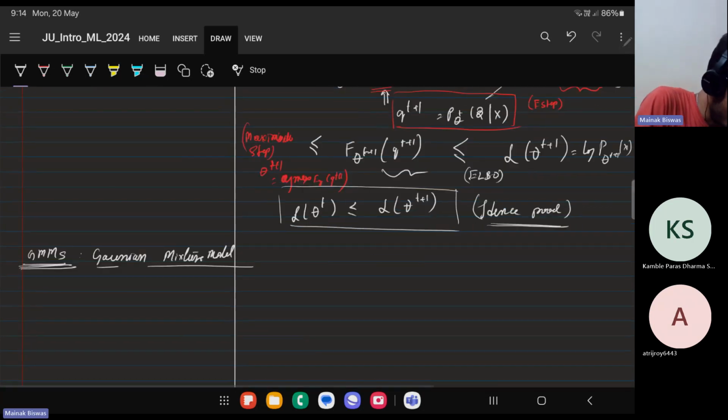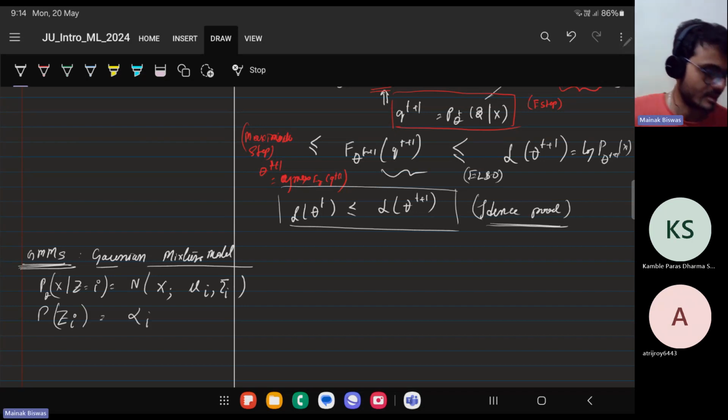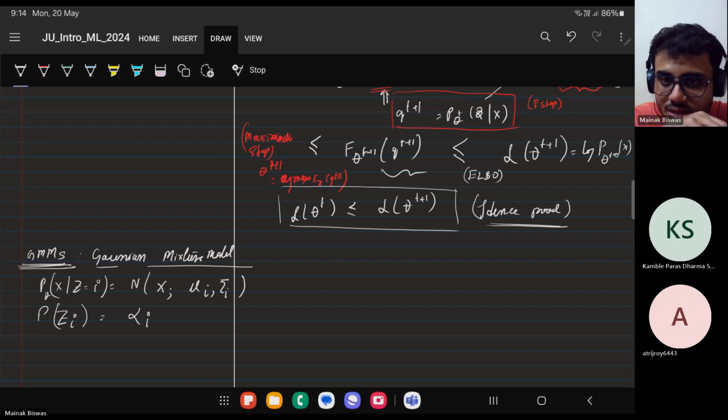So I'm saying x given z equal to i is distributed as normal, with x the random variable, mu i, sigma i, and the probability of z equal to i is equal to alpha i. Okay? Clear?